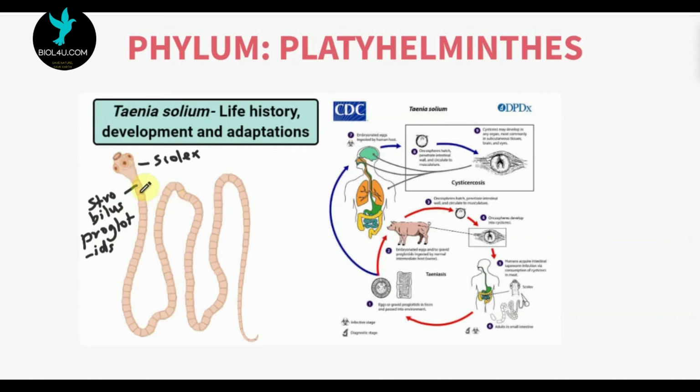The proglottids, coming to the posterior side, become larger and larger, and the largest one you can see at the end. So when coming downward, they become the largest. This is the fully matured proglottid you can see here, and this fully matured proglottid contains only eggs, and is known as a gravid proglottid.